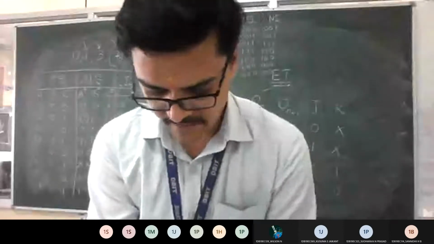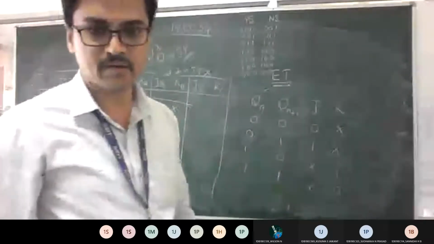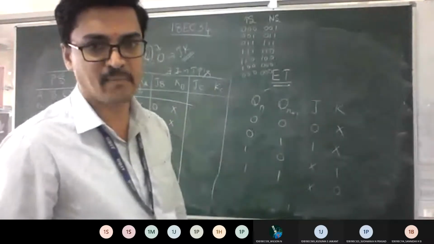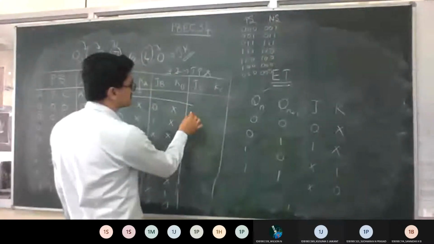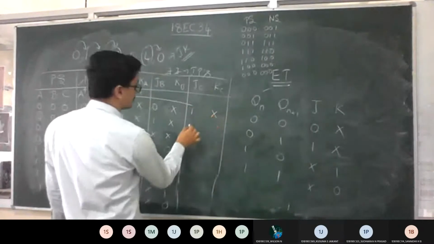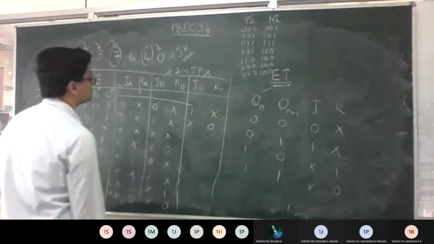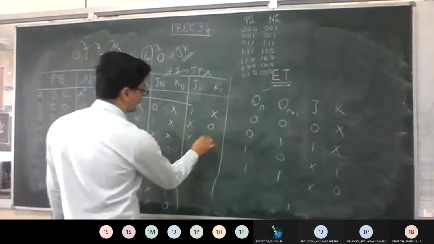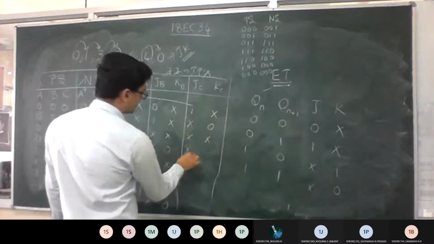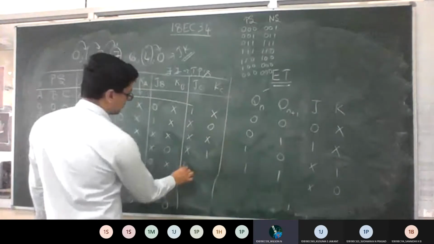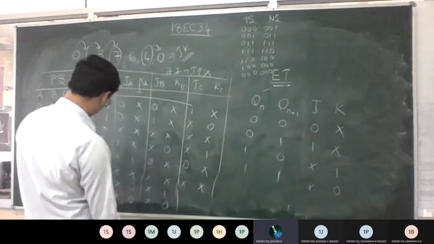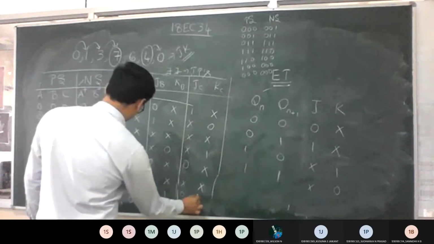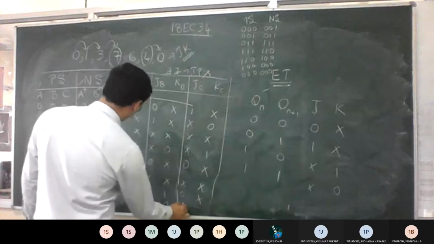Are you still unsure about how to deal with this type of sequence-oriented problem? Let me know. Always remember, the present state depends upon the maximum number in the given sequence. So fill up the last column. Answer: 1x, x0, xx, x1, x1, 0x, 0x, xx, xx, 0x, 0x, x1, x1, 1x, x1.